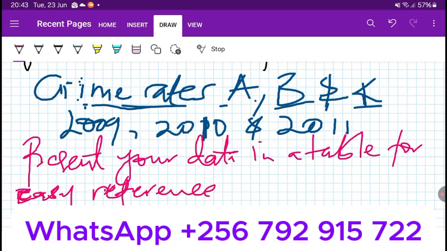So in the example that we have just created, on the hypothetical question we are trying to formulate, we have looked at the crime rates, and you will see that we shall have this information laid down in what we call columns. If they have not given these to you, then you create them yourself.